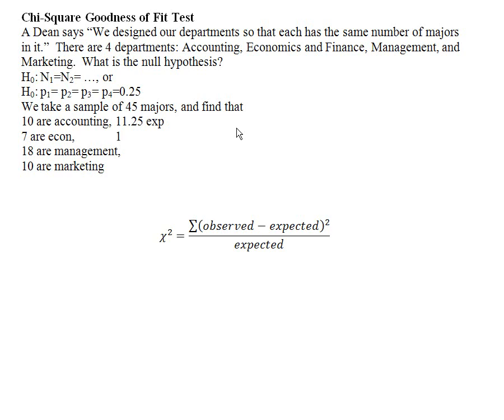Well, 11.25. Same thing for management. Again, these don't have to be the same. You could change that distribution up, and you would calculate a different proportion expected of the 45. But we're just dividing it into 4 groups here, since that's what the null hypothesis says. And we're just going to go through the steps here and calculate how many observed minus how many expected.